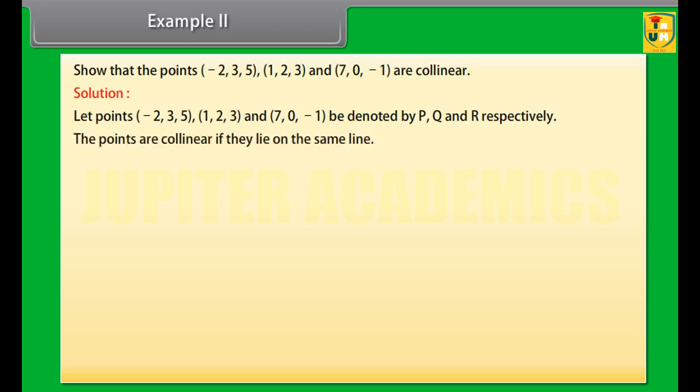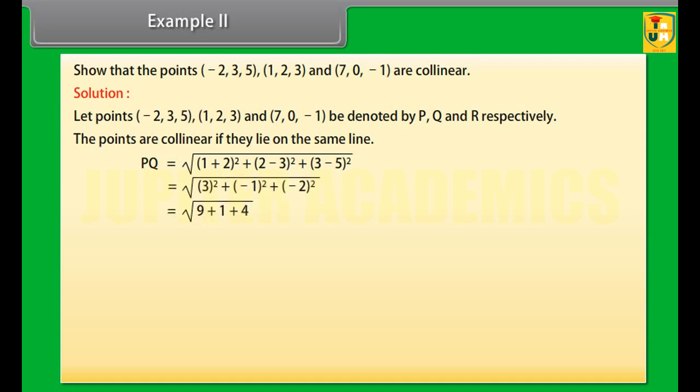The points are collinear if they lie on the same line. PQ is equal to the square root of (1 plus 2) square plus (2 minus 3) square plus (3 minus 5) square. After calculating PQ, we get the square root of 14.